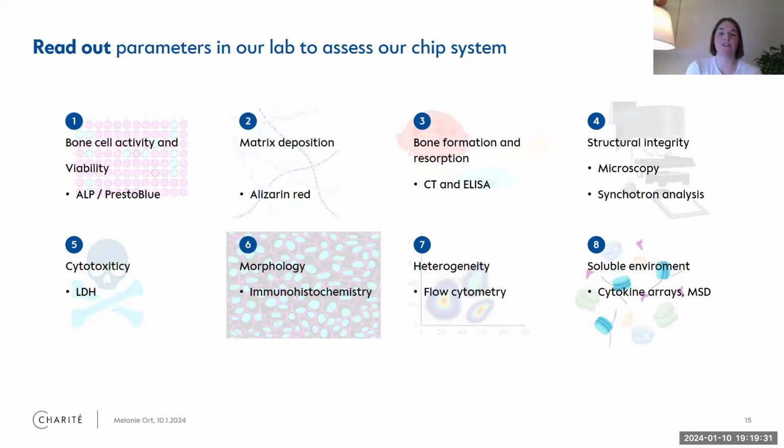We check for structural integrity with microscopy and synchrotron analysis. This is like super high resolution X-ray, in a simplified way, but it's really cool. You actually get to work with a particle accelerator, not in CERN, but in Grenoble. So it's really nice, and you can get good images. I will show some pictures later.